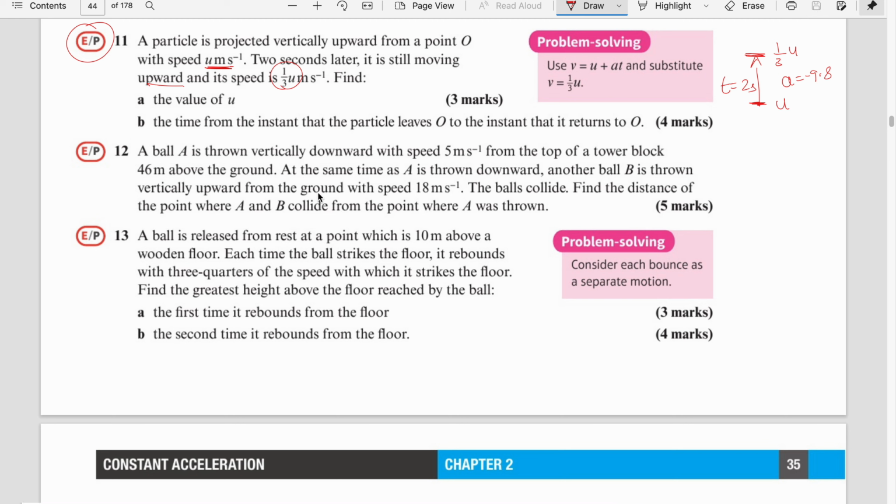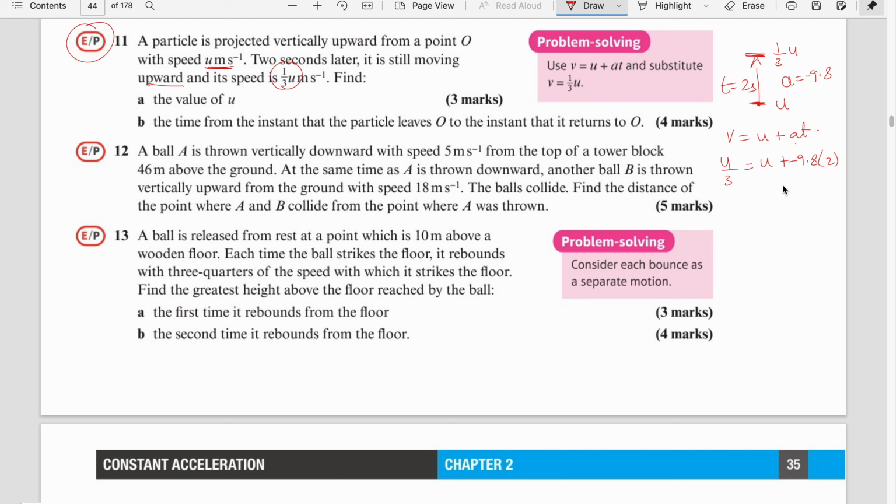So when we need to find the speed, what do we know? Time, acceleration, and speeds. So if I use v equals u plus at, in place of v I substitute the final velocity as u by 3, in place of u the initial velocity as u, in place of acceleration minus 9.8, and time is 2. You see the only unknown here is u.